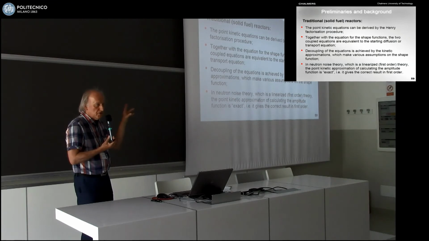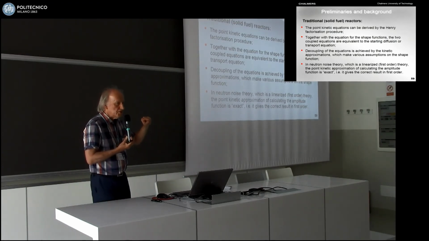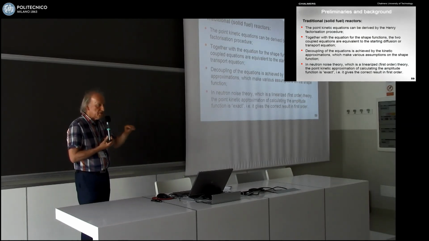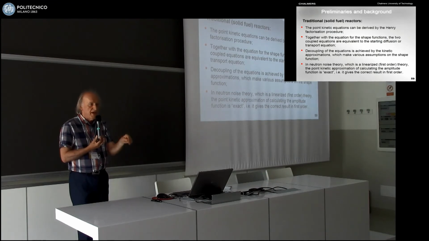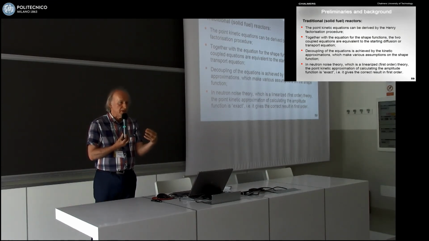Now, why I call everything which I do here dynamics instead of kinetics is that one difference is that the Henry equations give you the reactivity in terms of changes in the reactor, and I consider this as dynamics. If you look at the point kinetic equations, you define an arbitrary reactivity perturbation ad hoc.